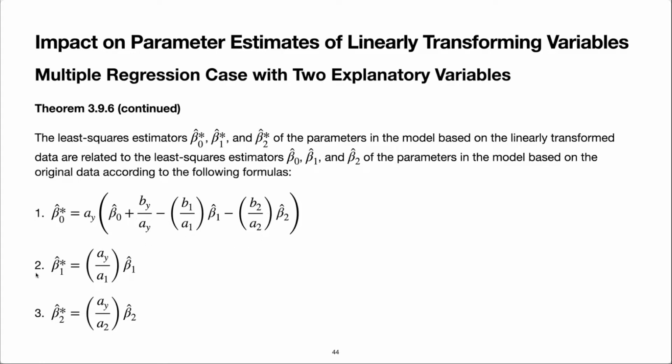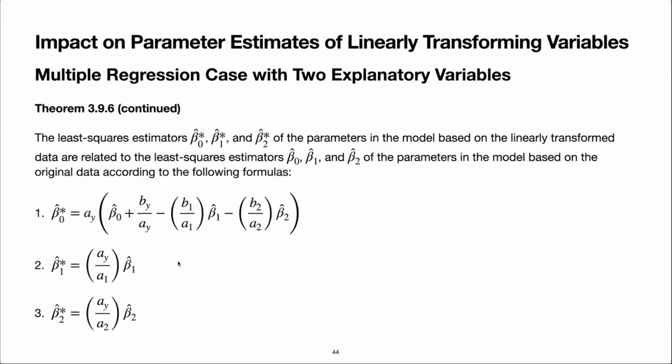And then beta 1 star hat is related to beta 1 hat according to this formula, a sub y over a sub 1 times beta 1 hat. And beta 2 star hat is related to beta 2 hat by this formula, a sub y over a sub 2 times beta 2 hat.